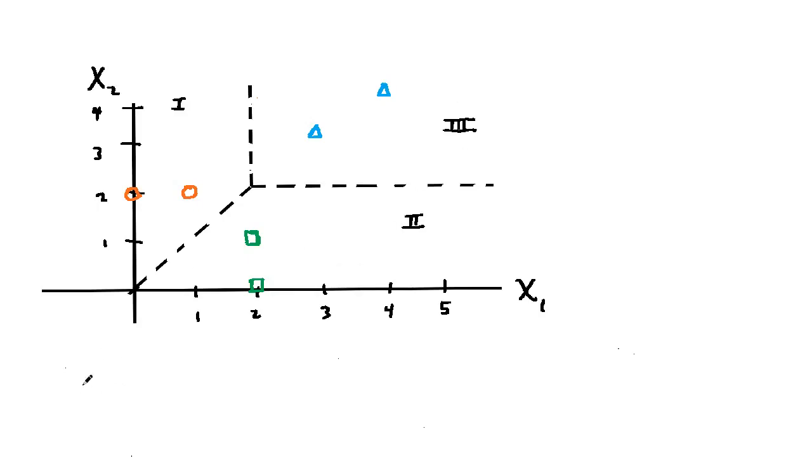If delta 1 hat of x is bigger than delta 2 hat, that corresponds to the region above the line x2 equals x1, so above this line here. Conversely, if delta 1 is less than delta 2, that corresponds to the region below the line x2 equals x1.